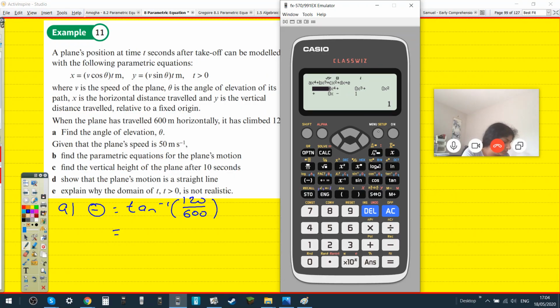Let's go with degrees. 11.3. I'll take your word for it. I think I'm in radians. Degrees. 11.3 degrees. Okay.